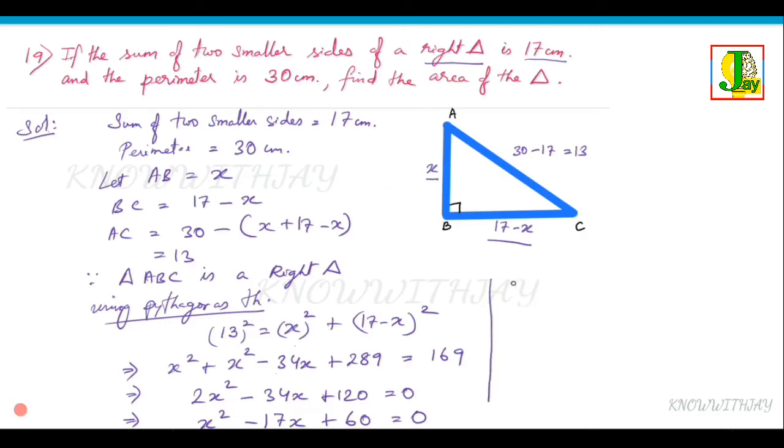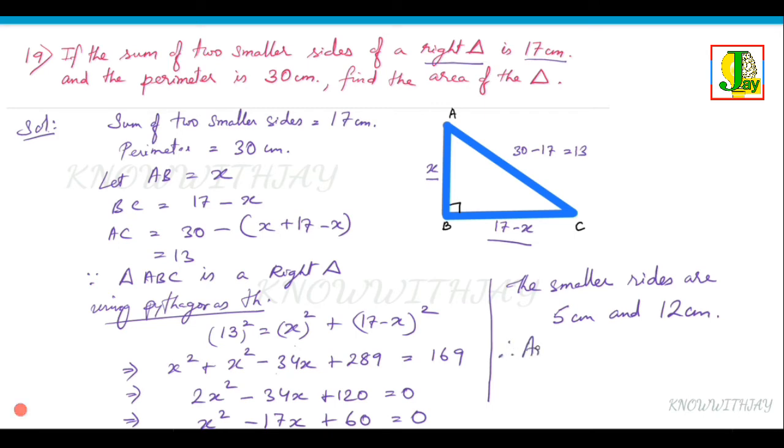So the two smaller sides are 5 centimeter, and the other one, obviously 17 minus 5, is 12 centimeter. So whether you write 12 centimeter or 5 centimeter, or 5 centimeter or 12 centimeter, it's the same.